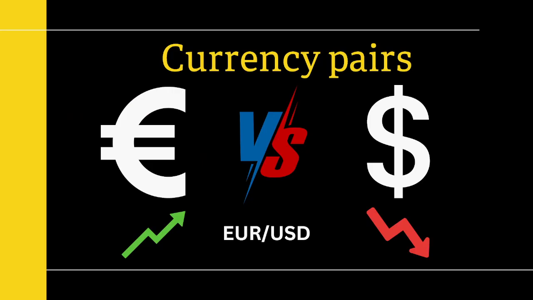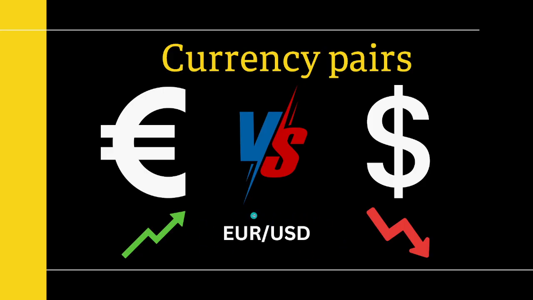So let's explain some of the currency pairs and some of the popular ones. Of course, by now you should already know, the forex markets are all currencies against each other. For example, one of the most popular foreign exchange pairs is the Euro USD. What does this mean? This means that the euro is against the US dollar. The symbols look like this.